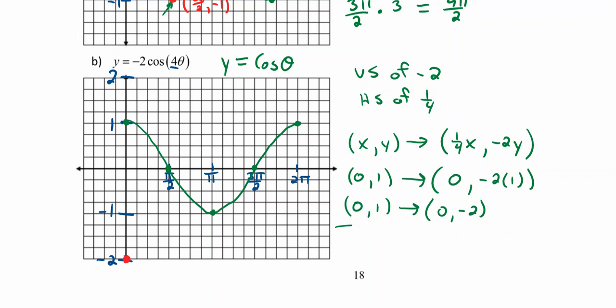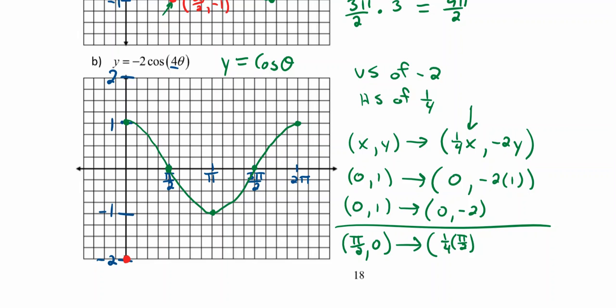So our next point, let's do pi over 2, 0. The point pi over 2, 0 will become 1 over 4 times pi over 2, comma, and then -2 times our y value there, which is 0. So that point will become pi over 8, 0.